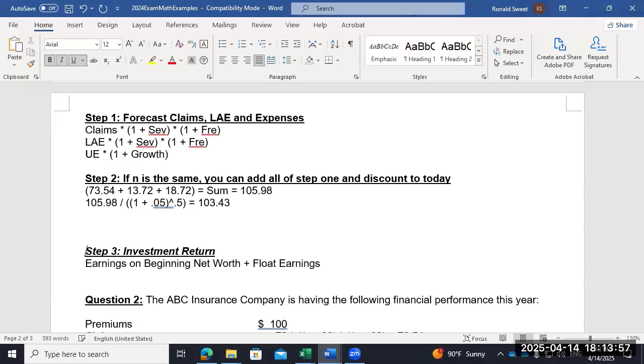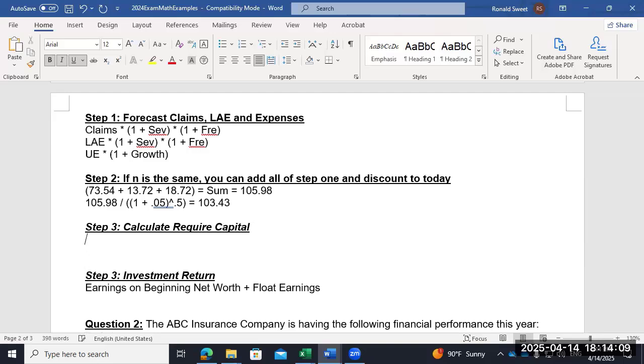I'm going to add a different step 3. So let's do something. Let's calculate required capital. Let's do that first because we're going to need it for step 4.